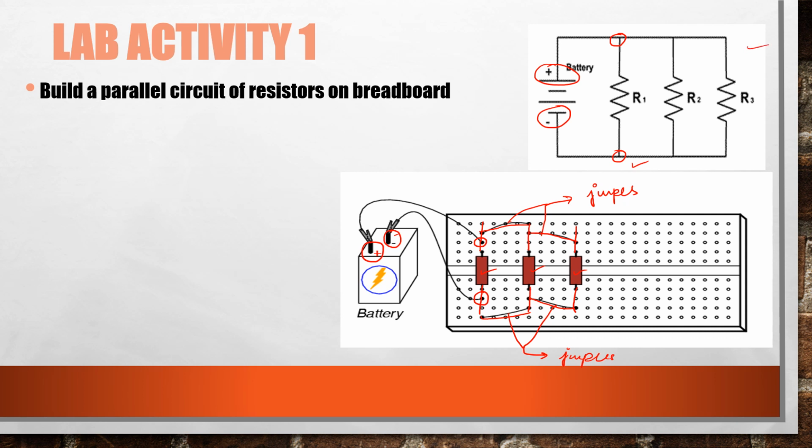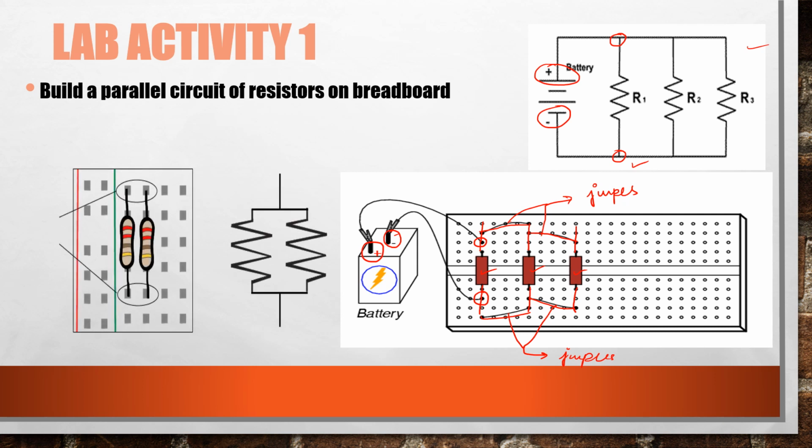on a breadboard. Now you can also develop this circuit like this. As you can see here in this circuit diagram, we have two resistors that are connected in parallel to each other, but in our circuit diagram there are three resistors. Okay, it means here we'll connect our third resistor like this.